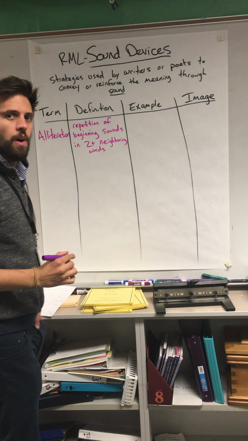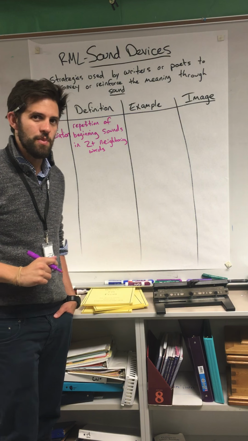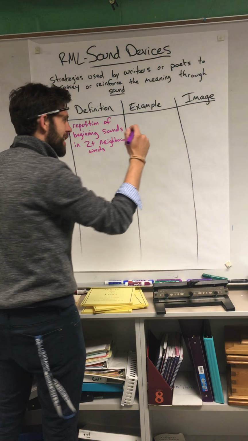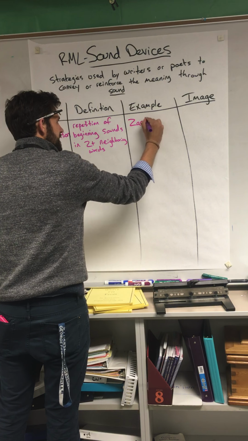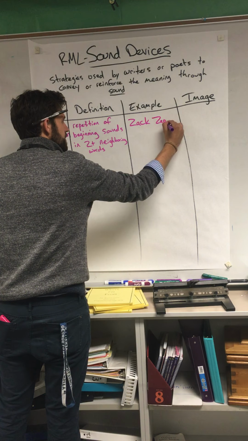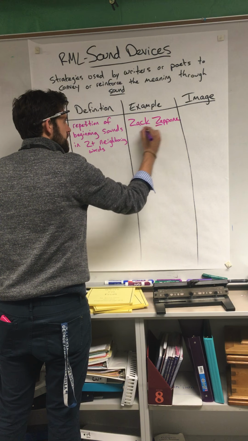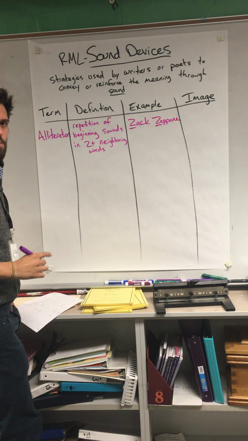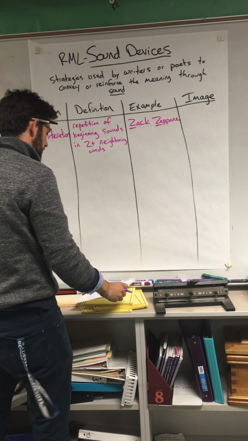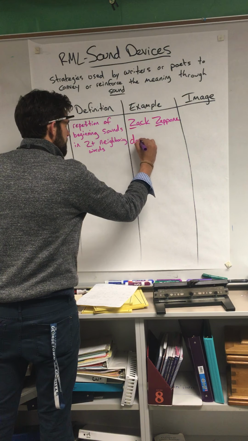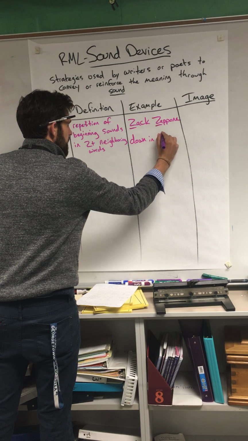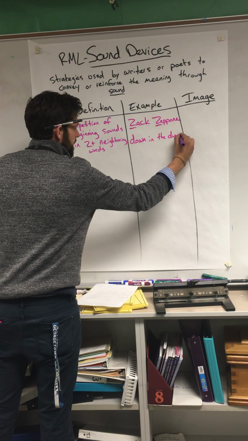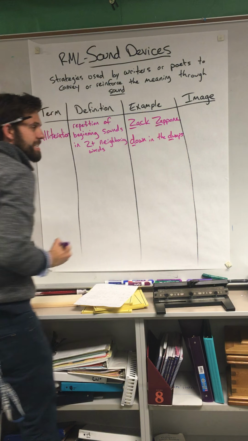You don't have to look too far to find your best example of alliteration. Just look right here. Zach Zapone is an example of alliteration because Z and Z both have the beginning sounds. Another example is down in the dumps, repeating the D sound.